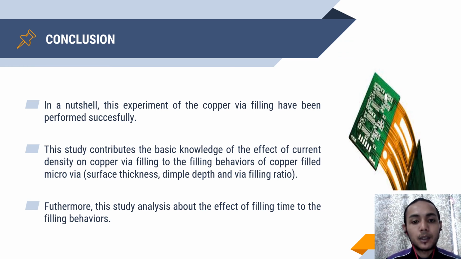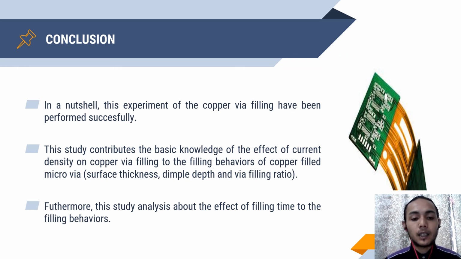After performing the copper via filling process and studying the effect of parameters, for the surface thickness, as the filling time and current density increase, the surface thickness also increases. While for the dimple depth, as the filling time and current density increase, the dimple depth will decrease.